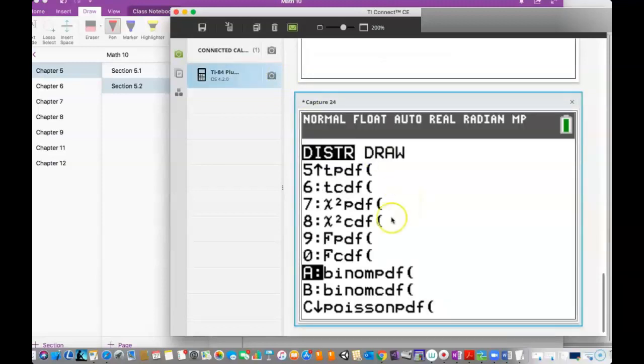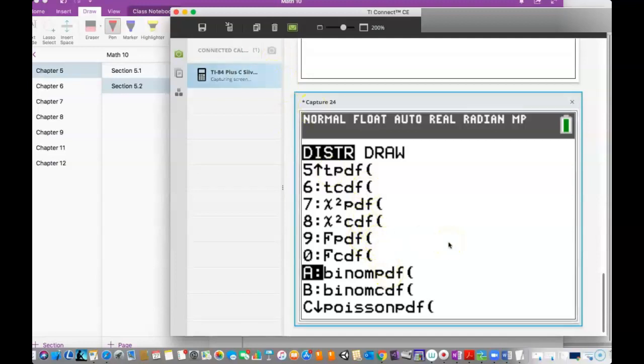Here is what we need to find, binomial PDF. So you press second, then vars. You need to scroll down to find binomial PDF. After that, press enter. Now you should see this picture.